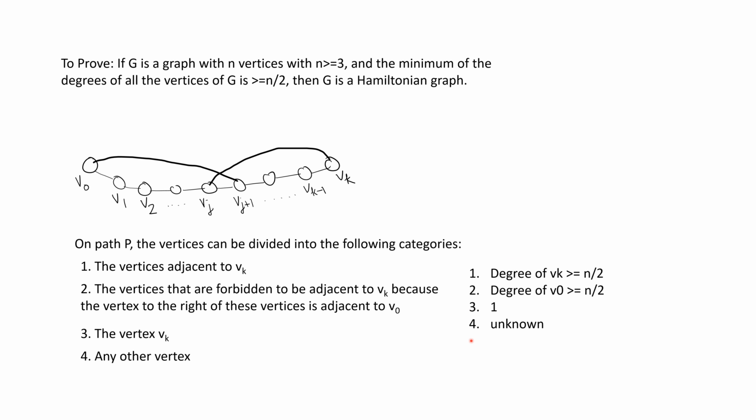If we try to find the total number of vertices on this path, it will be greater than or equal to n by 2 plus n by 2 plus 1, which means it will be greater than n plus 1. If it is greater than n plus 1, then obviously that's impossible. That is why our assumption that there is no cycle is not true.